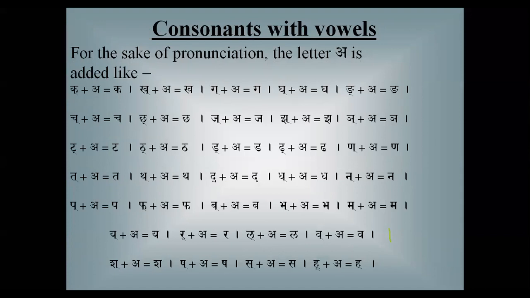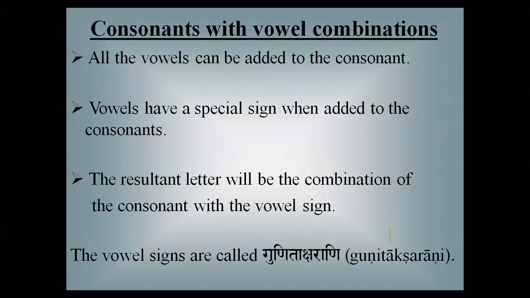So every vowel, when you add it to the consonant, will be represented by a special sign or symbol. And those symbols are called Gunitaksharani. Each vowel will be represented by a symbol or sign when it is added to the consonant, and those signs are called Gunitaksharani. When I show you the successive slides, you will understand what it is.